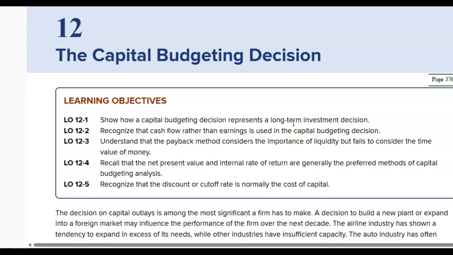But cash flow is the basis by which these capital budgeting decisions are made. You want to be able to understand that the payback method considers the importance of liquidity, but ultimately doesn't take into account the time value of money, which makes it not very well used. But it gives you an idea of how that might be used. You want to be able to know that net present value and internal rate of return are generally the preferred methods of capital budgeting analysis.